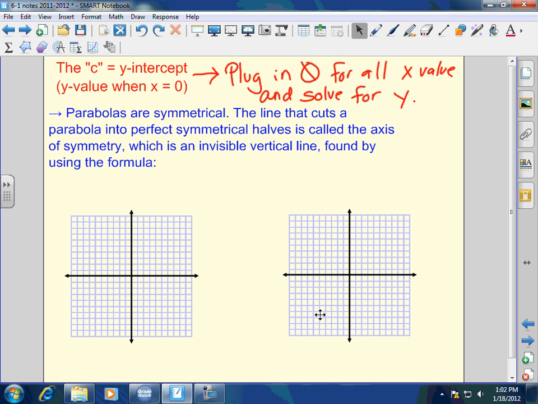Now, parabolas are symmetrical. Now, symmetrical, you may say, oh, I think I know what that is, but I'm not really sure. Symmetry is when you have 2 equal halves. You guys remember when you were little kids, and it was like Mother's Day or Valentine's Day, and your teacher wanted you to make a perfect heart?